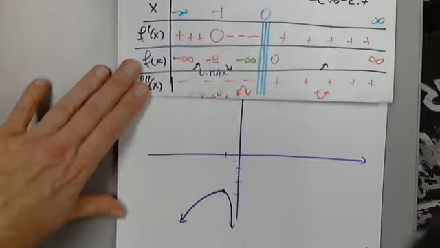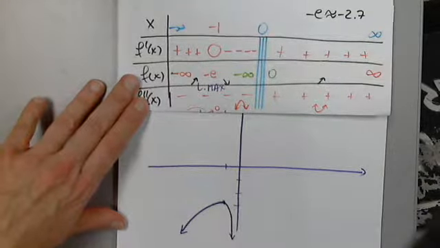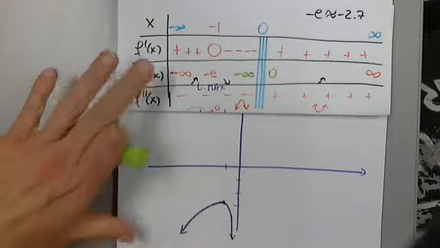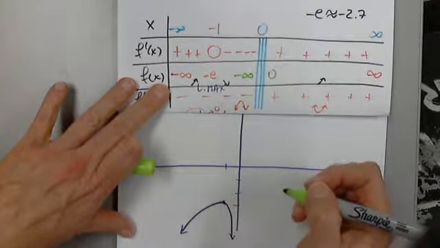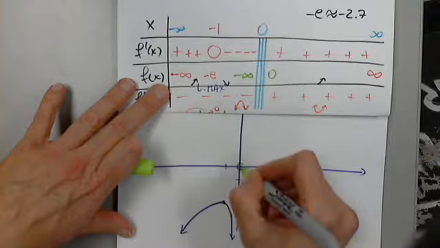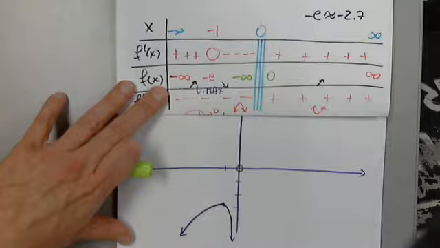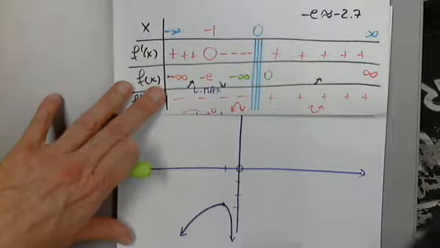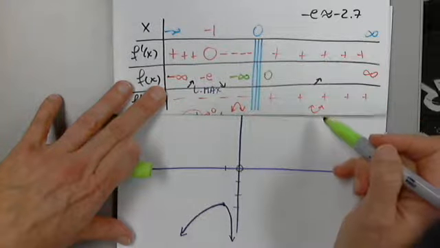Let's see what happens on the other side. At 0 it is 0, an open point, of course. It's increasing towards infinity and opening up.